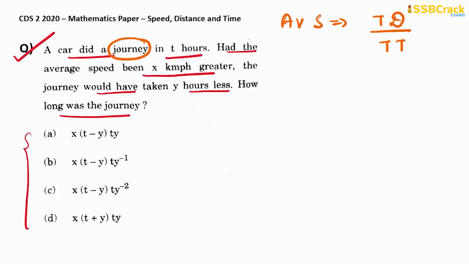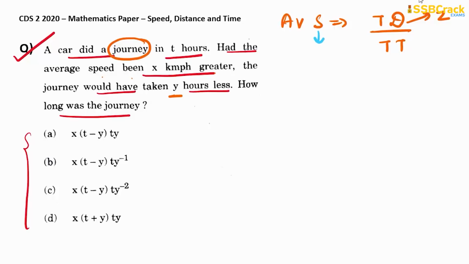So, we can take this distance to be Z. Now, it is given that had the average speed been X kilometers per hour greater, the journey would have taken Y hours less.